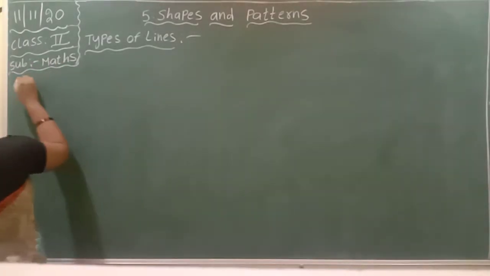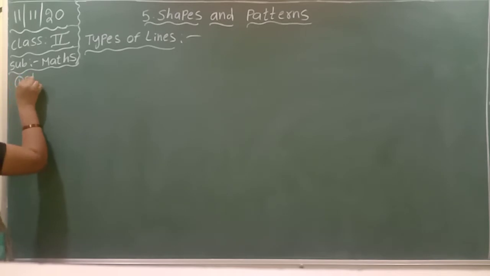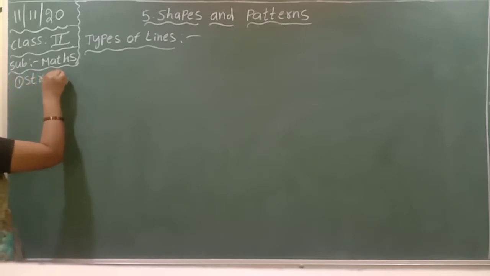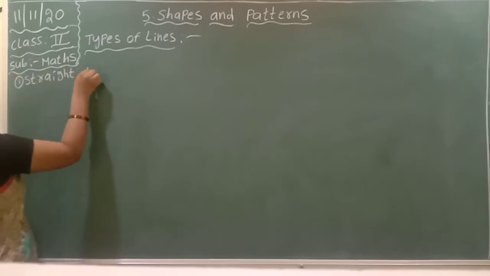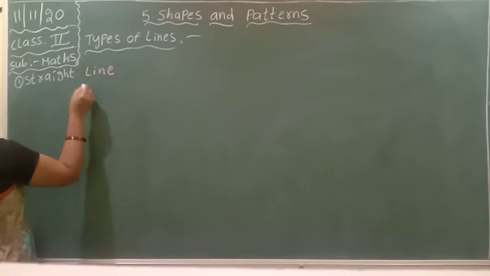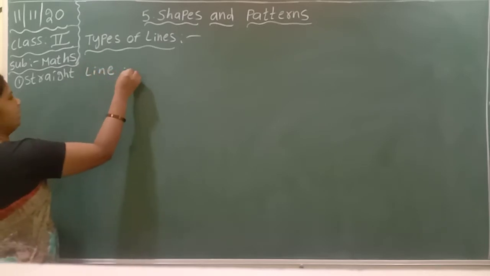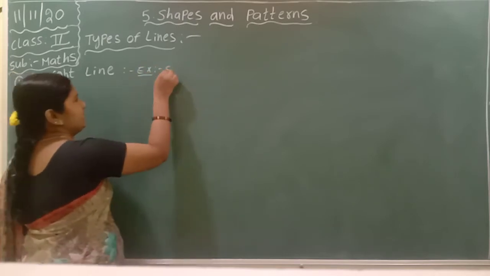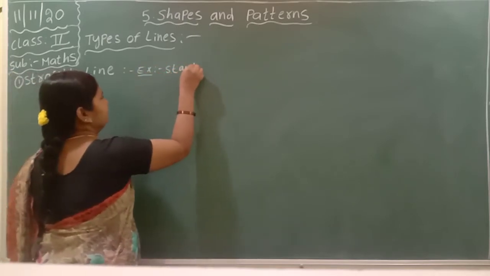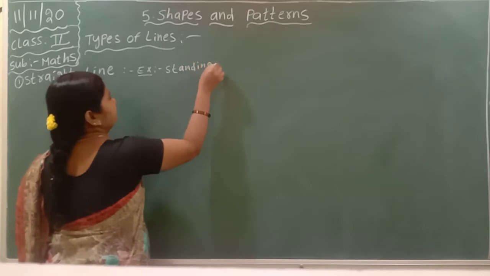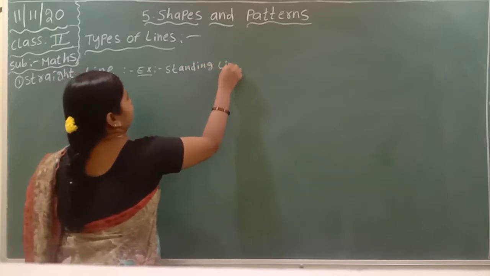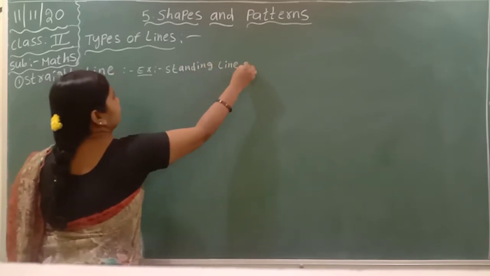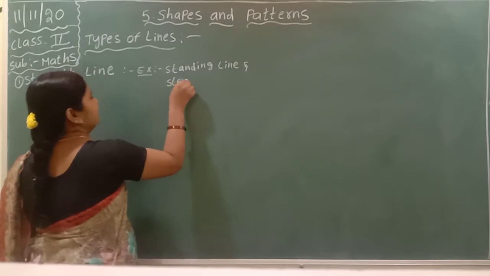S-T-R-A-I-G-H-T, straight line. In this straight line, we have two examples, that is the standing line and the sleeping line.